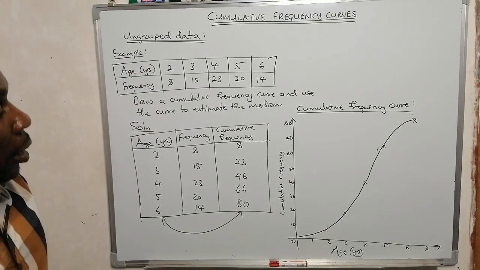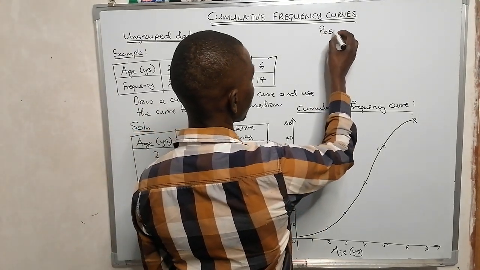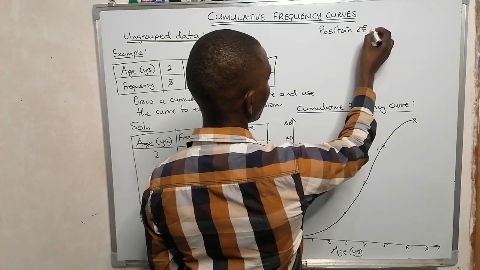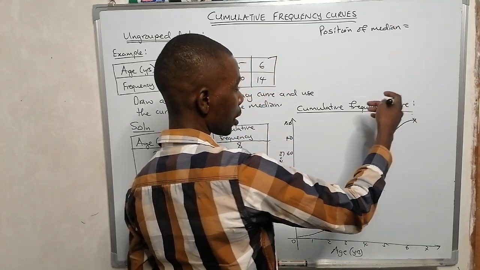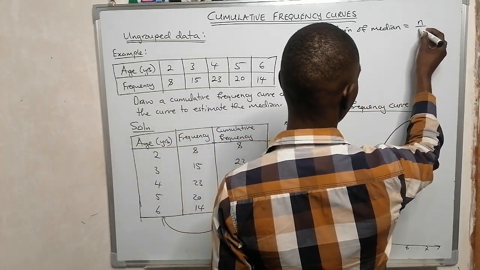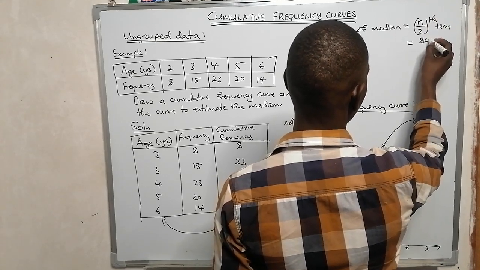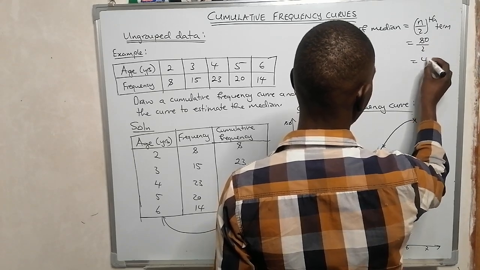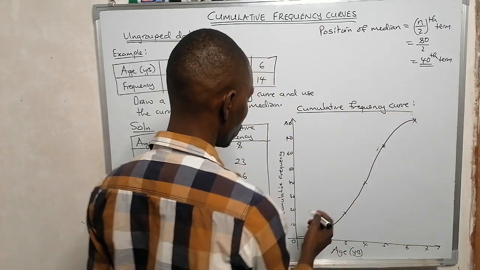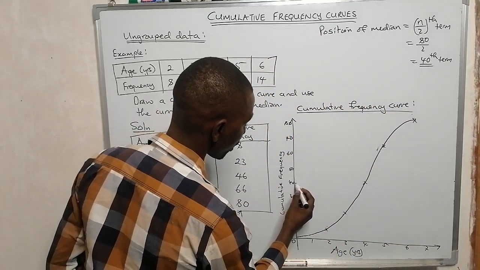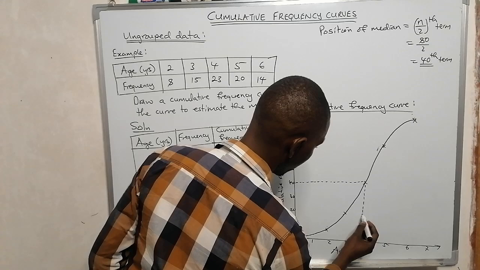Right, now the median. Remember, we have n equals 80. We have to find our position of the median, which for cumulative frequency we take as the n over 2 term, which is equal to 80 over 2, the 40th term. Then from the 40th term, you draw a broken line across to the curve, then come down.